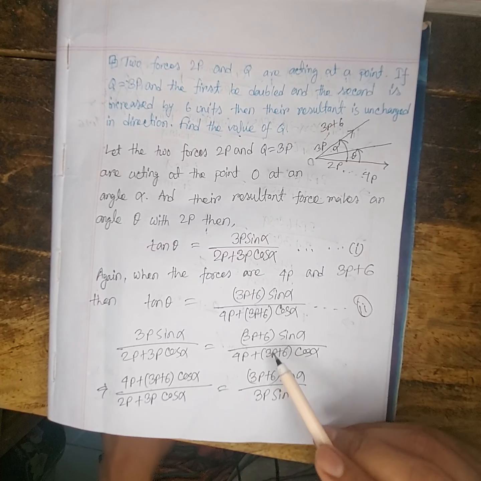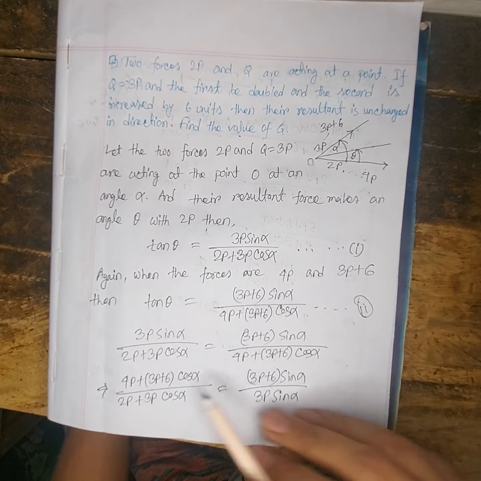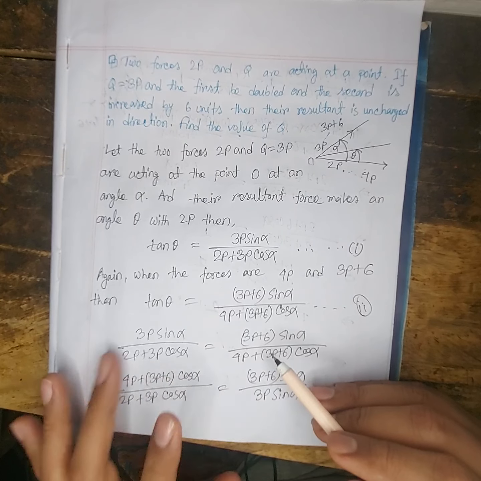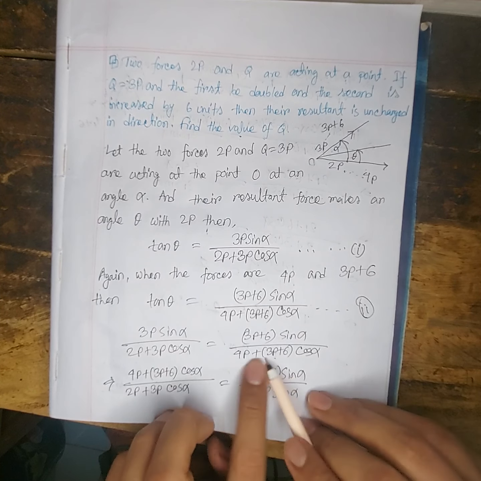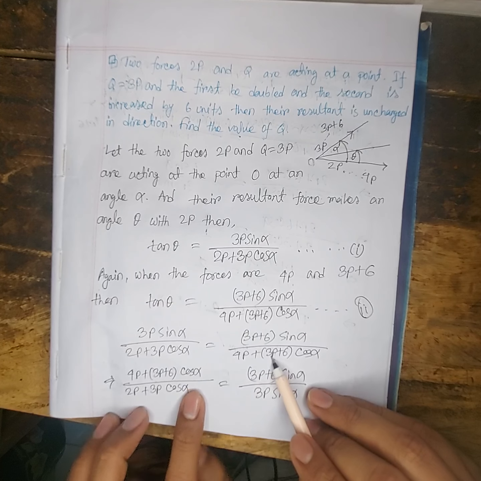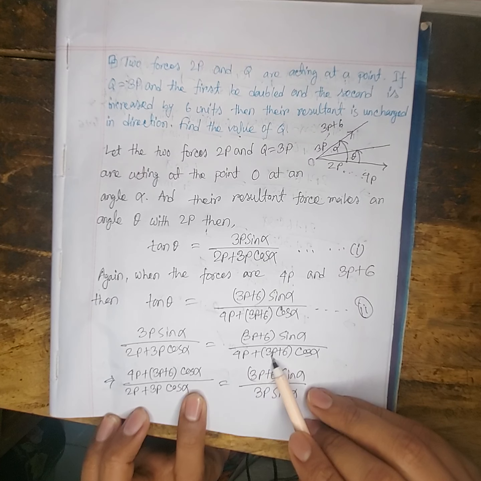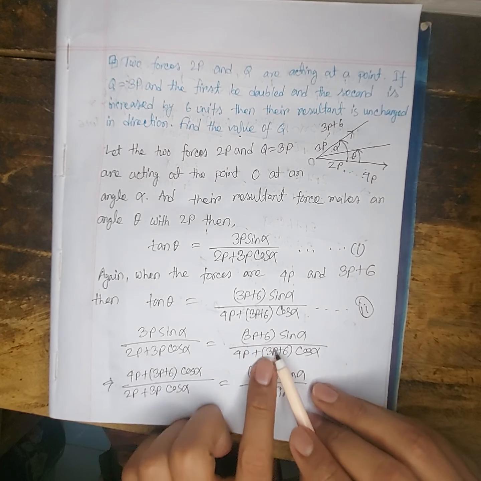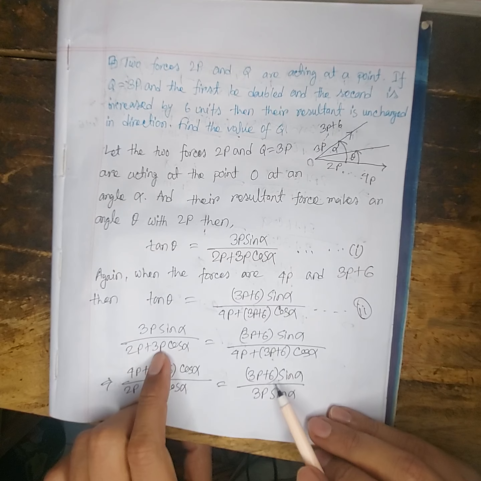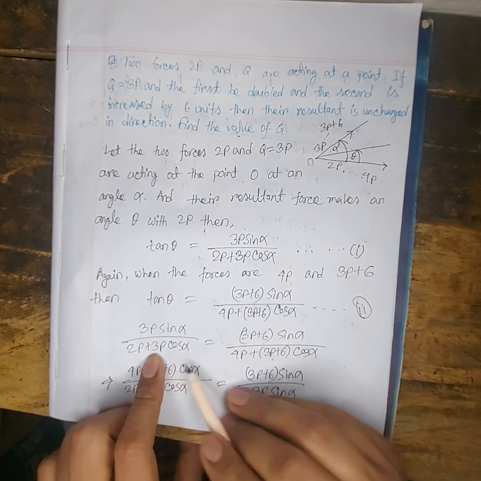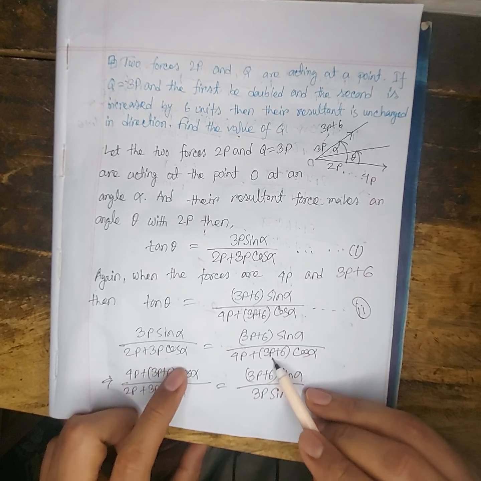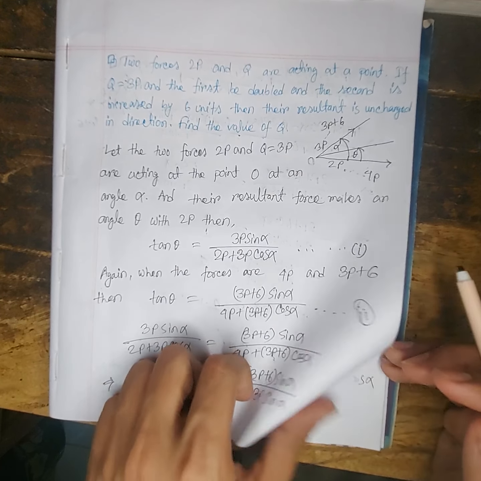First we take the cos terms on the same side. By interchanging, we can bring the sine term into the denominator, and similarly bring this term here.